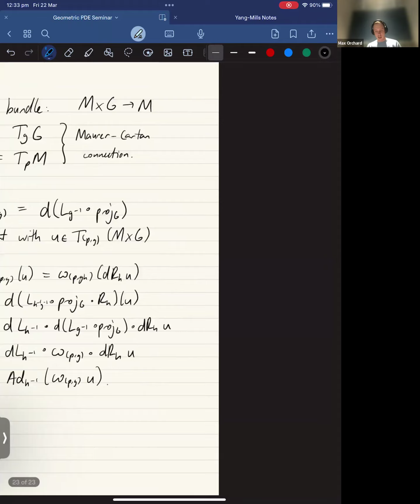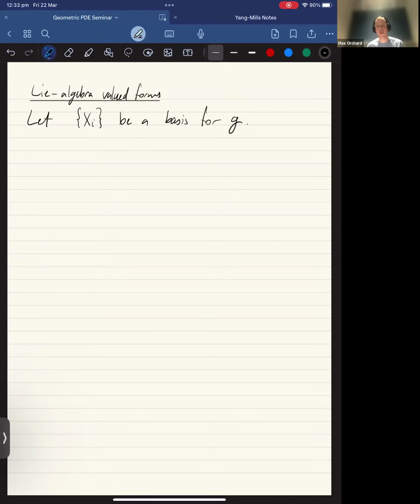Okay, a very brief aside into the world of Lie algebra valued forms. I'm going to pick a basis for this Lie algebra of the structure group.